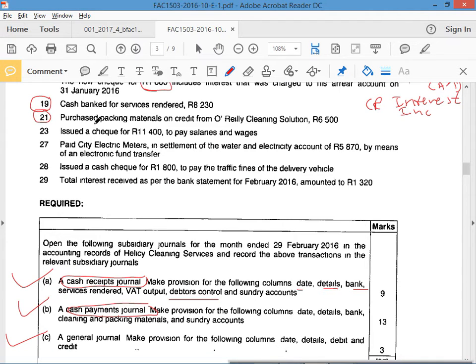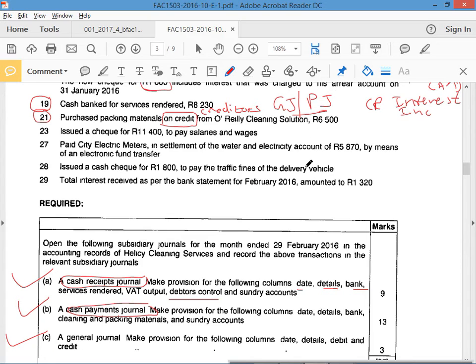21. Purchase packing material on credit. Thoughts? Receipts or payments? Which journal? On credit means creditors. So where is this going to go? General journal if you don't have a purchases journal.